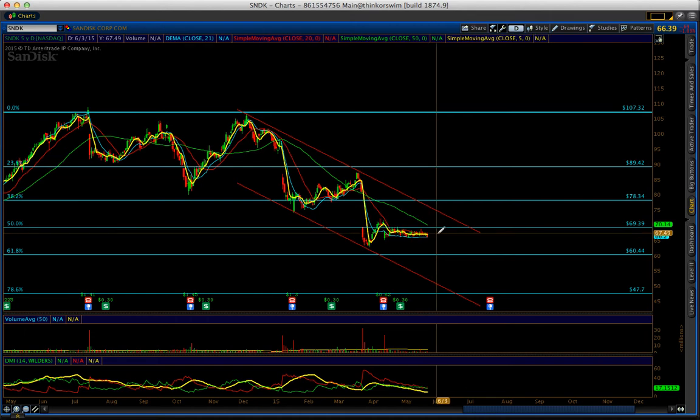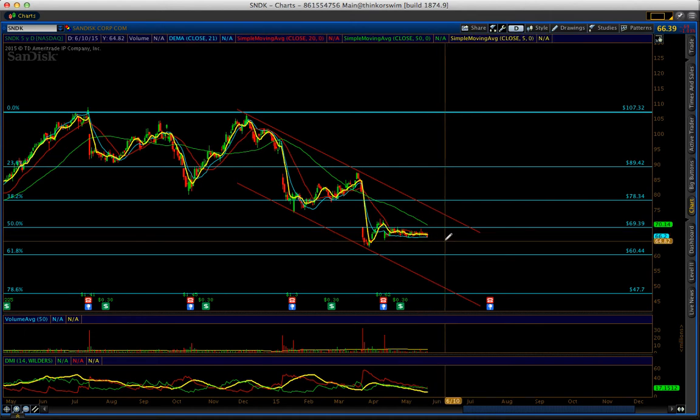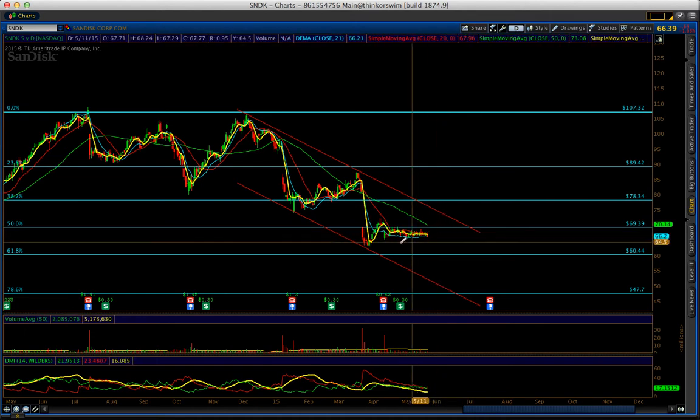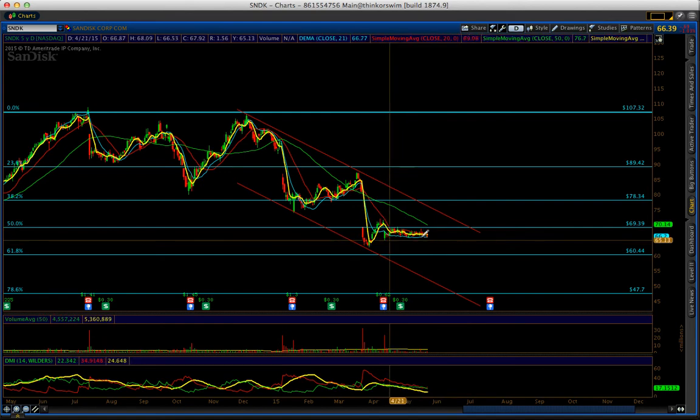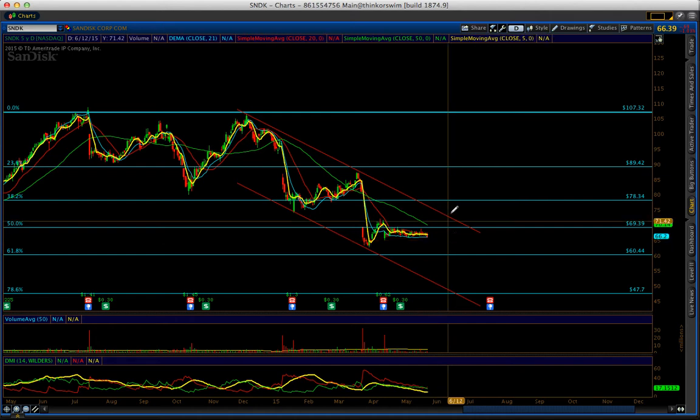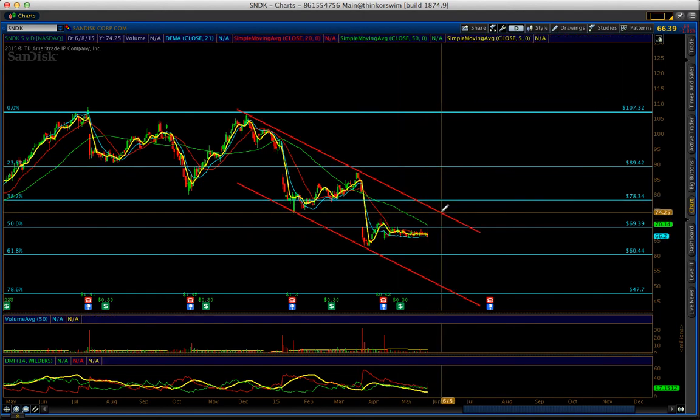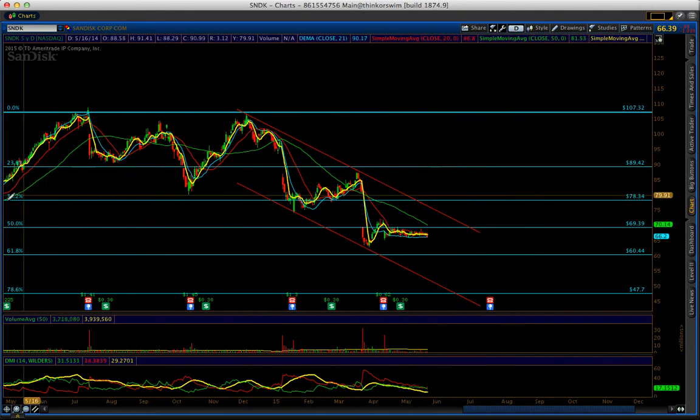So let's see what happens. Now it has some support right here at $65. That's also a short-term level you can use to get short if you break down that level. But I prefer to buy puts when it goes up to this channel.